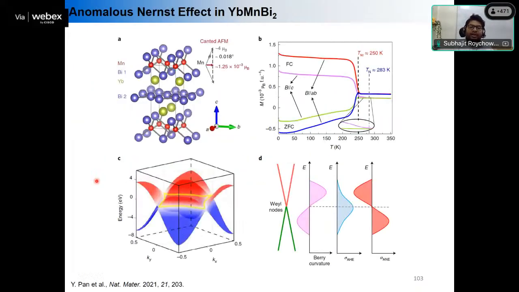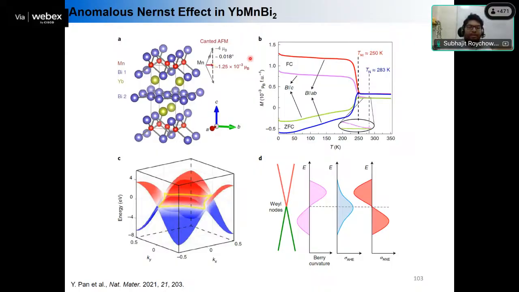So that's why, when you look at the literature from Claudia Felser's group, this is the first report of an antiferromagnetic material which shows a large anomalous Nernst effect, in YbMnBi2. In this material, they observe a manganese triangular lattice with a canted phase.